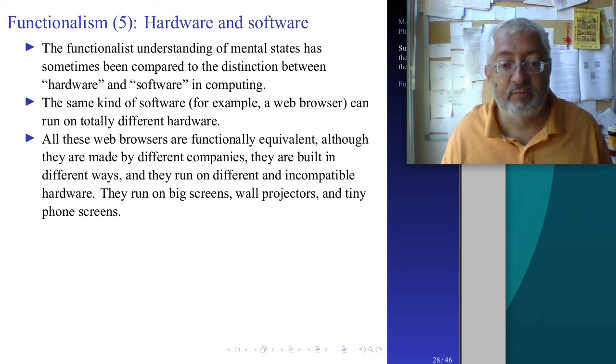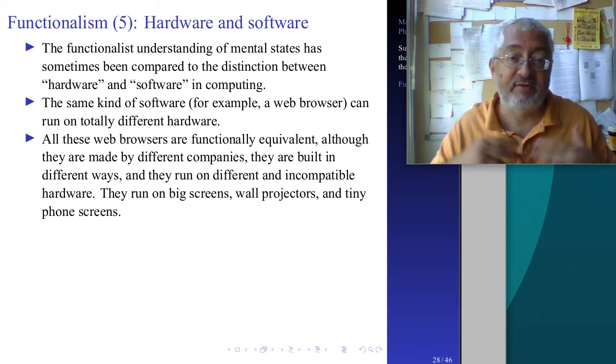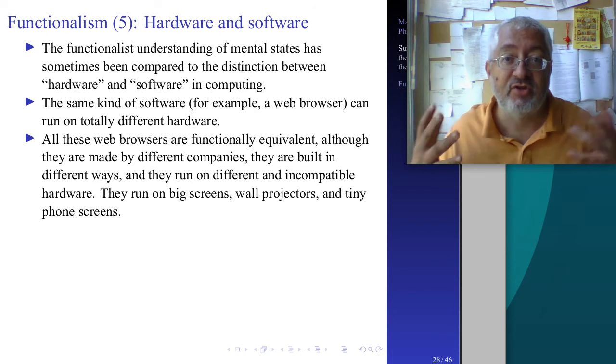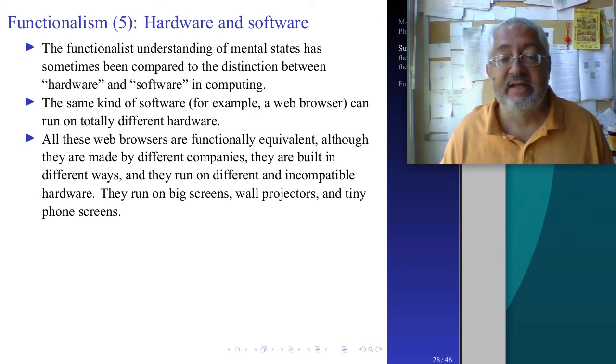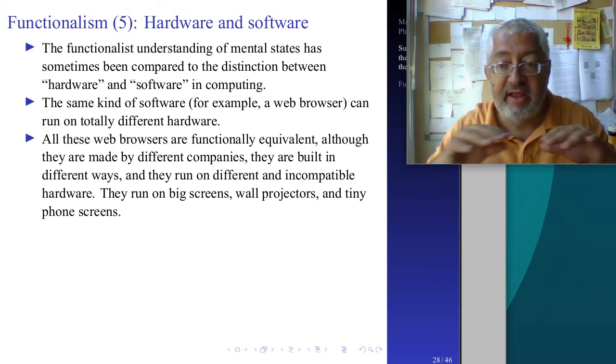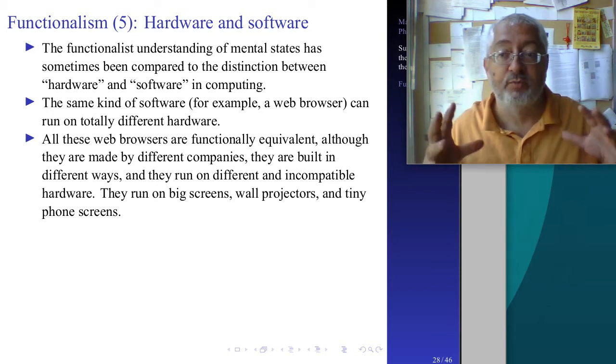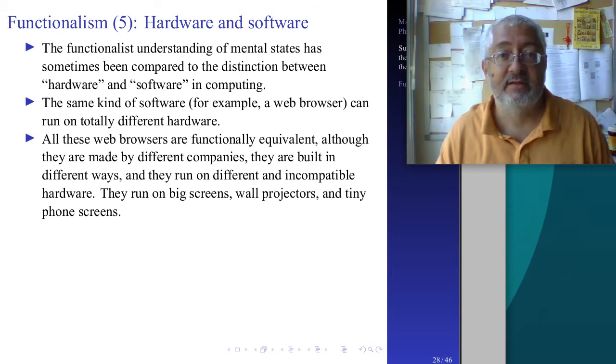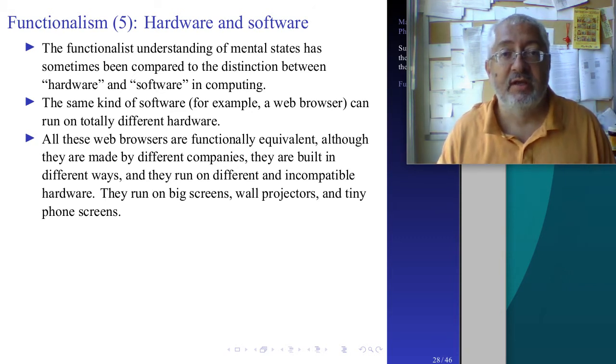You use a web browser to access a web page and to read it. And as long as it accesses a web page and makes it possible for you to read it, it's a web browser. Even perhaps if it doesn't have any screen. You can imagine a web browser for the blind that just shows the web page content on a braille output, or reads the page to the viewer, right, to the audience.